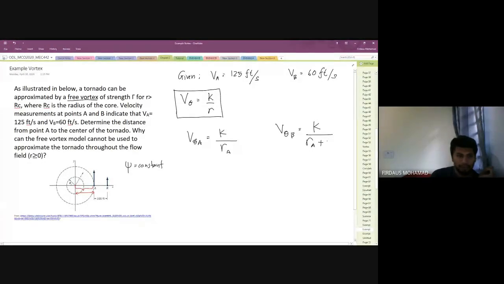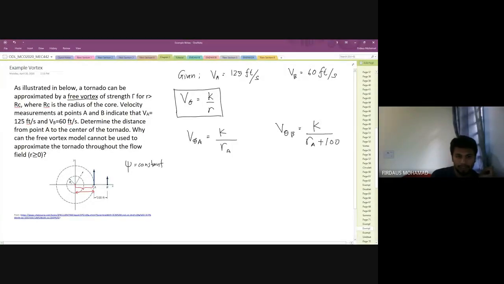From the core to RB, which is RA plus 100 feet. So from this relation, we can determine RA. The unknown now is RA.